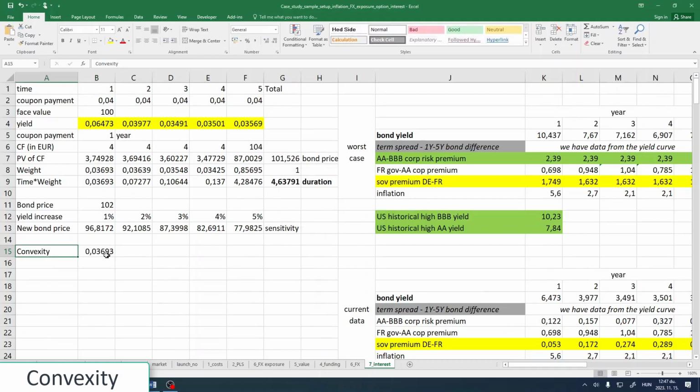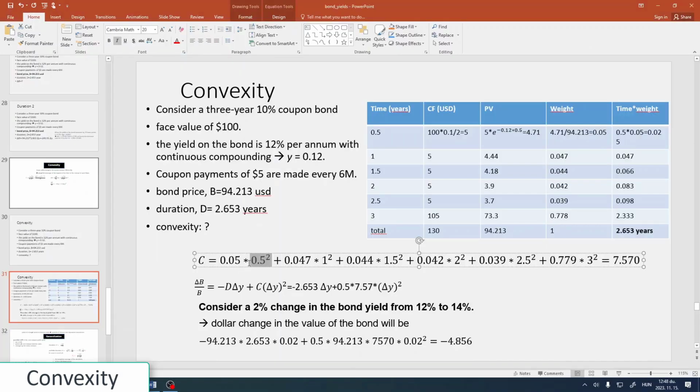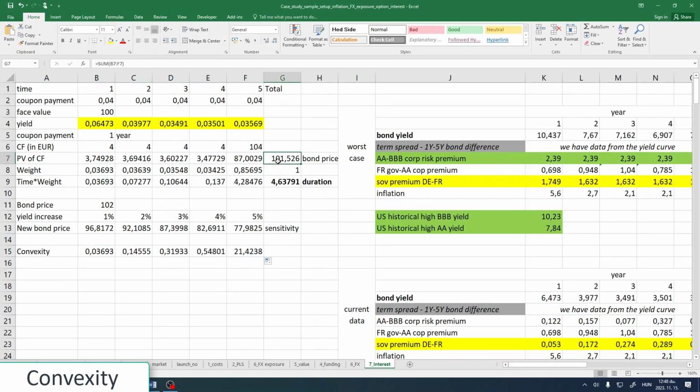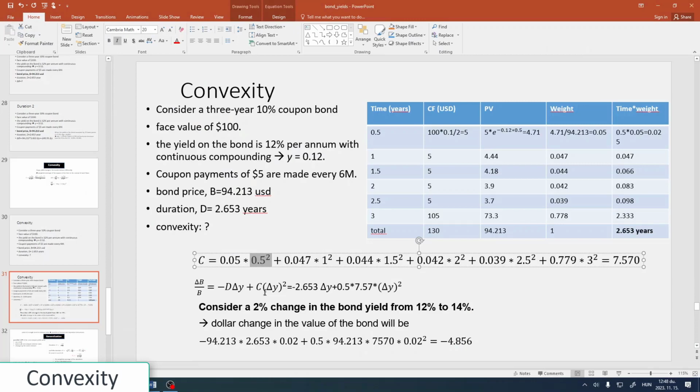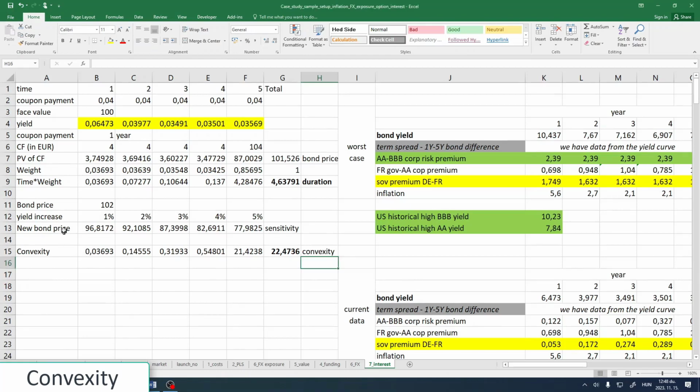Then we just have to sum it up. And now we just have to add this back. So bond increase will be the same thing.